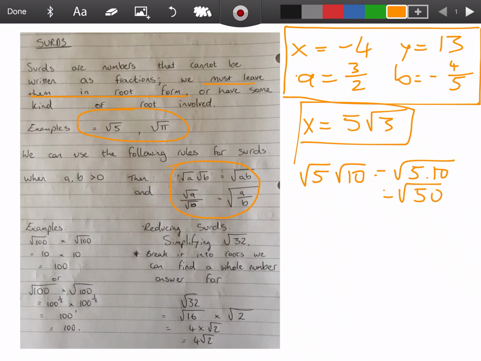Nice and straightforward. Okay, alternatively, with the other one there, that's going to be, let's say, the square root of 20 over the square root of 4, and that could become the square root of 20 over 4, which would be the square root of 5. So you can see the two of those in action there, those two laws.